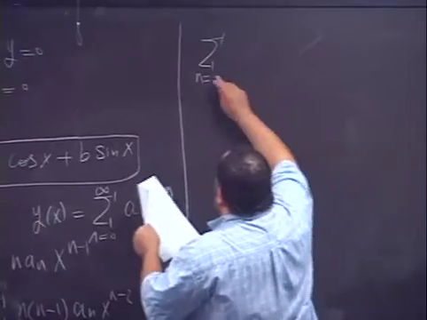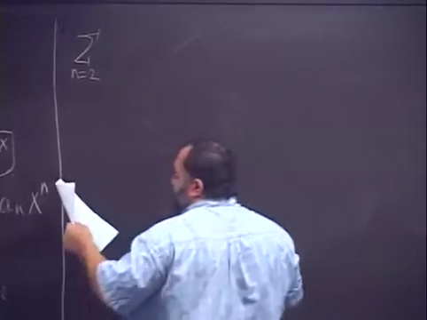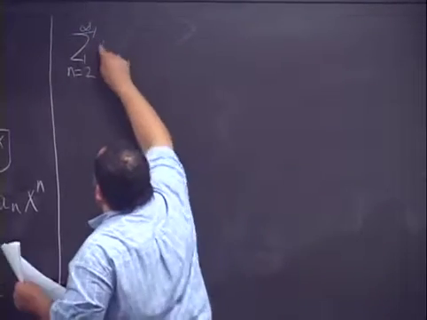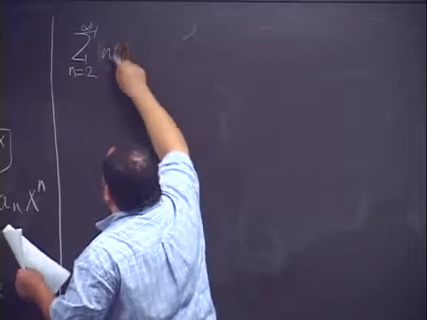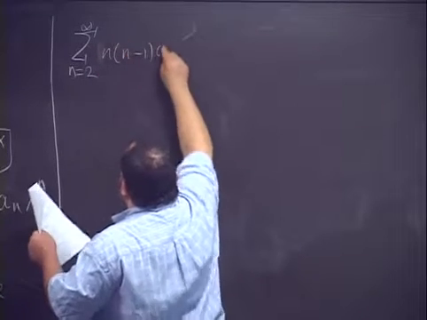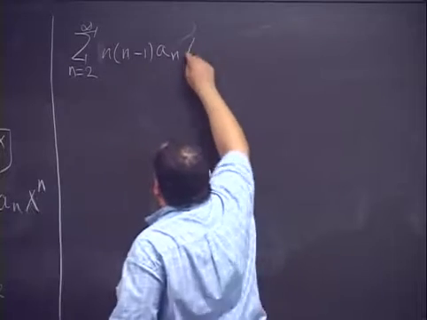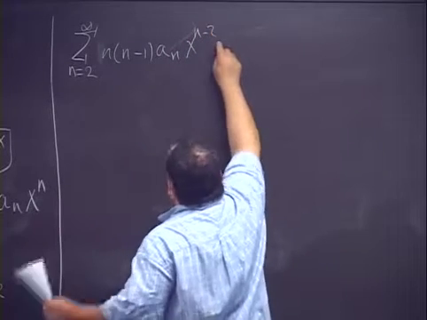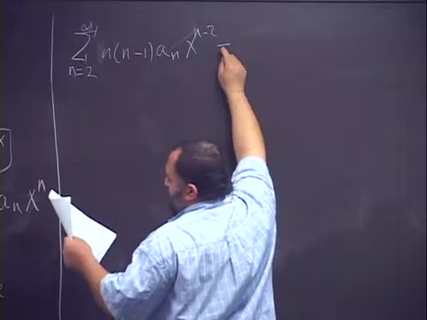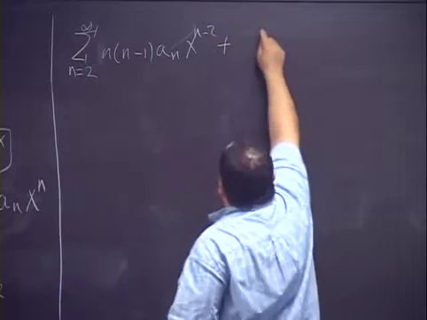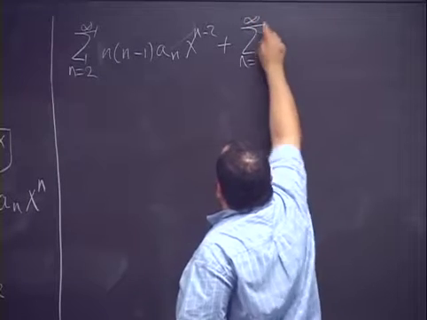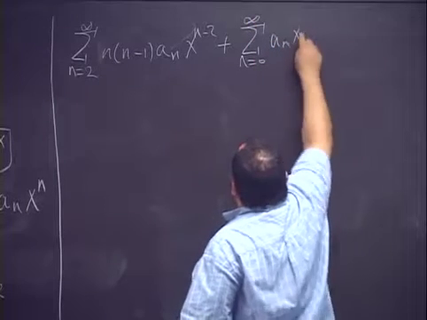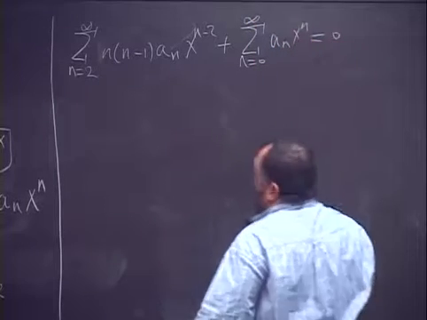So this will give you the summation from n equal to 2 to infinity of n multiplied by n minus 1 multiplied by an x to the power of n minus 2, plus what's y? The summation from n equals 0 to infinity of an x to the power of n, equal to 0.